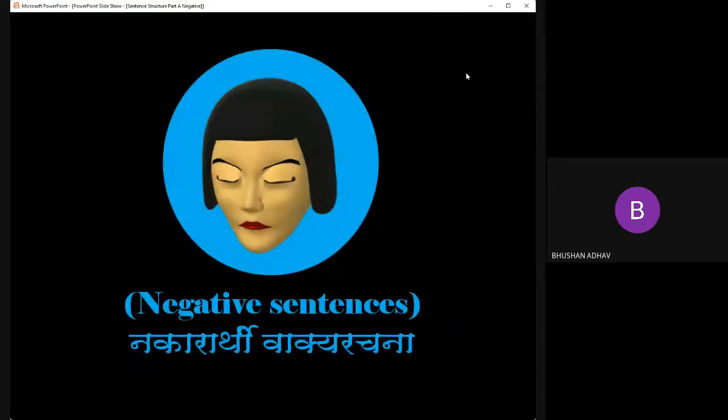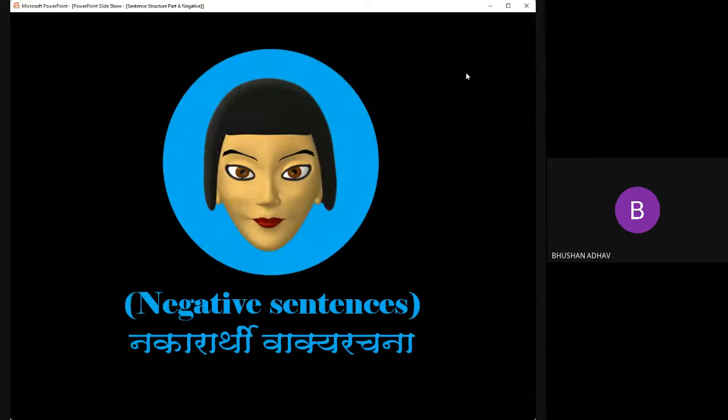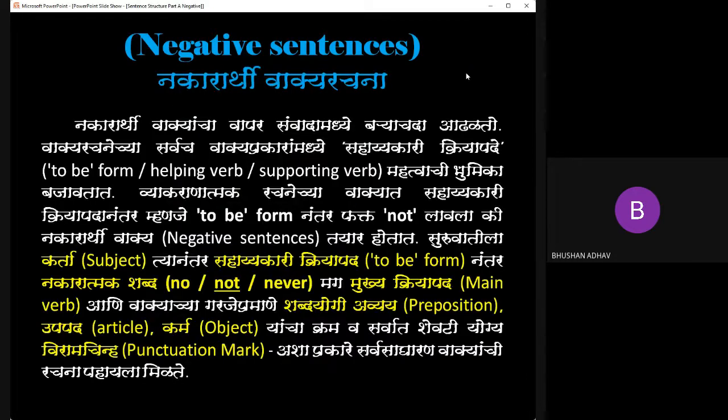This is the normal structure of an affirmative sentence. Now, here, if I want to make negative sentences, then what could be the rules and regulations? Let's take a more detailed focus on it. So basically, when we want to change an affirmative structure into a negative sentence, then we have to bring some changes.